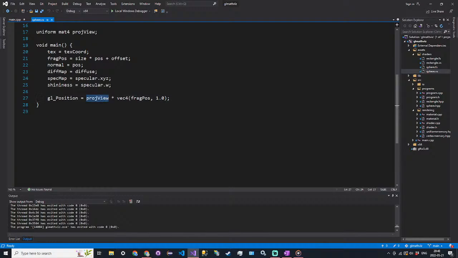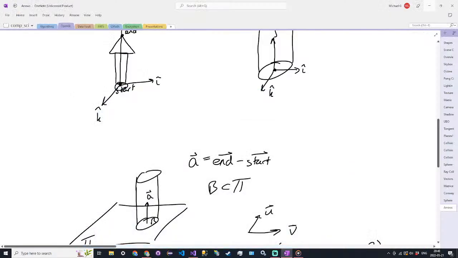And that's transforming the point. So all 4x4 matrices can be represented as a transformation of a 4D position into a 4D position. But once again, we just use the 1.0 to keep it there. It makes certain transformations possible.